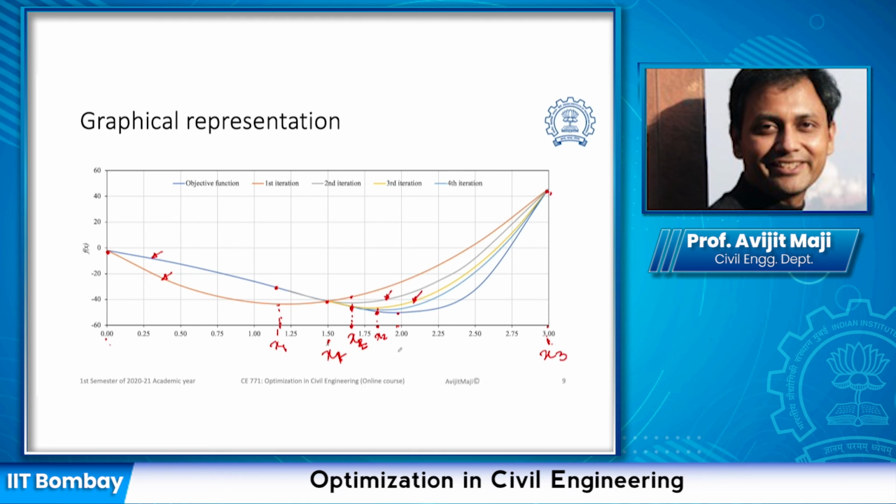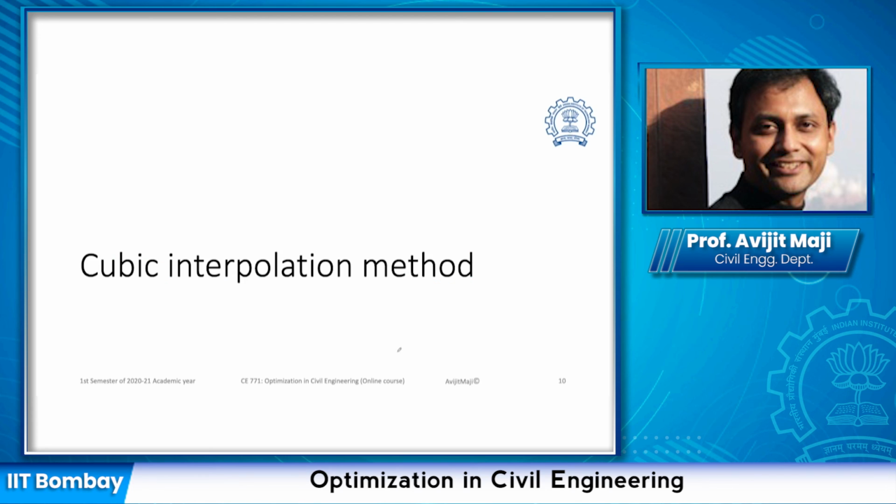And in certain cases, for certain functions, we may find that the quadratic approximation of the given objective function may not be fitting very well, and it could be slower. So there is another method which is the cubic interpolation method.